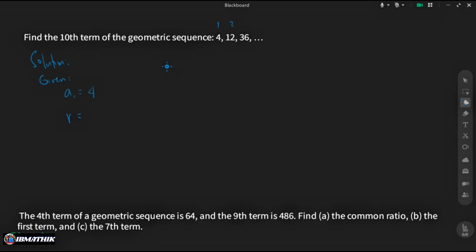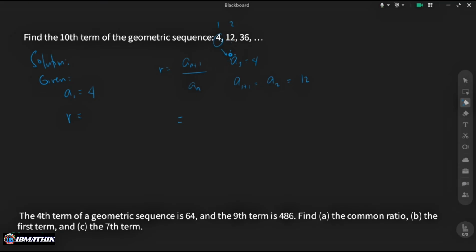Okay, so let's say the formula in getting the ratio is a sub n plus 1 all over a sub n. So our a sub 1 is 4, and our a sub 1 plus 1, the second term, is 12. So let's put it based on this.